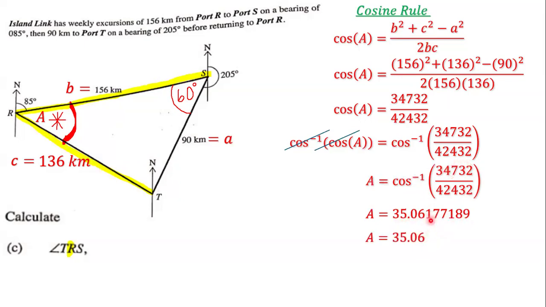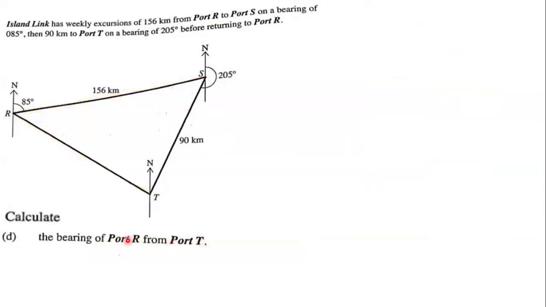Since it's less than 5, we cannot round up. So we just leave it as 35.06 and eliminate these decimals. That's our answer correct to two decimal places. So that means that angle TRS correct to two decimal places is equal to 35.06 degrees.